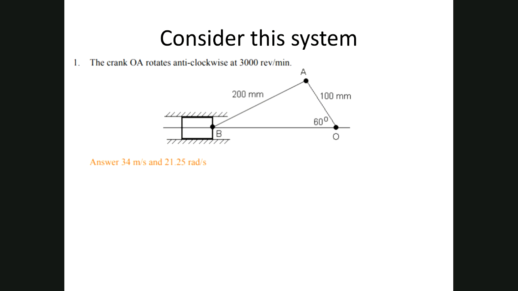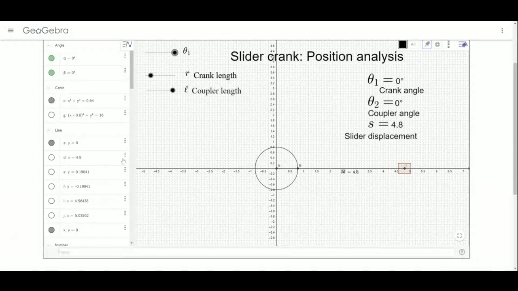Now, just to help us, I've found online on a site called GeoGebra, just about to show you it, that when we look at GeoGebra, you should now be able to see the system. You can. Okay.